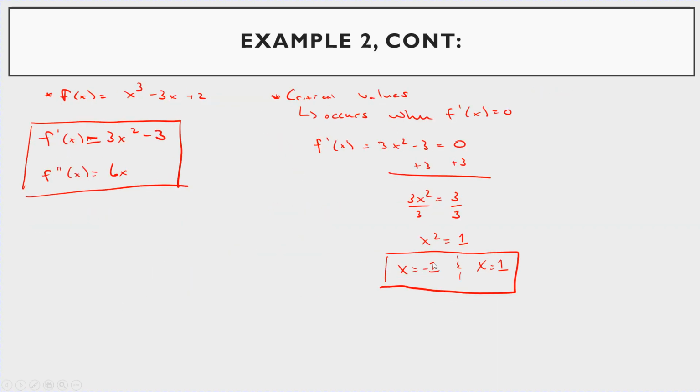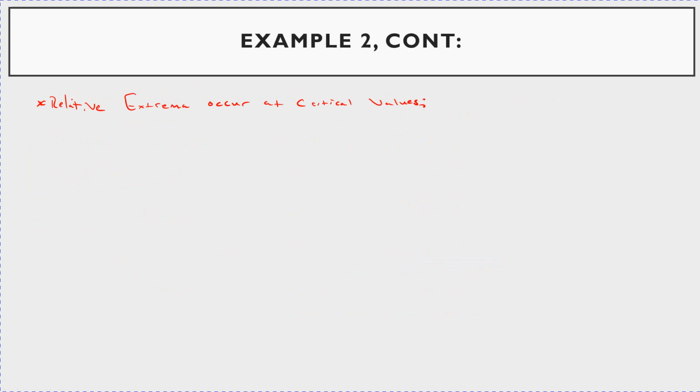Our critical values were -1 and 1. So this was our function, f of x is equal to x cubed minus 3x plus 2. And so here's what we're going to do. We're going to take these values and plug them into the second derivative. So our second derivative here was just 6x. Very, very easy. So what's the sign when you plug in -1?